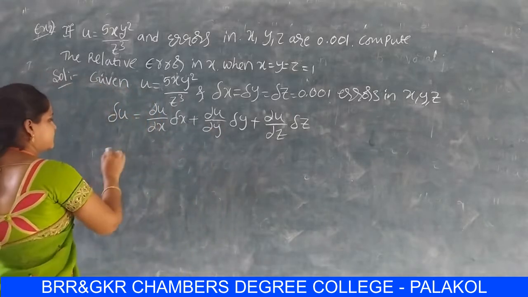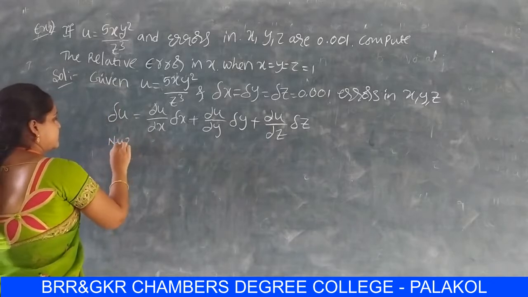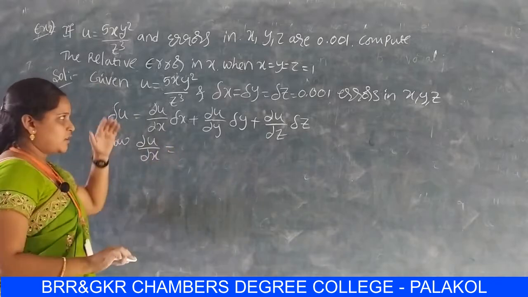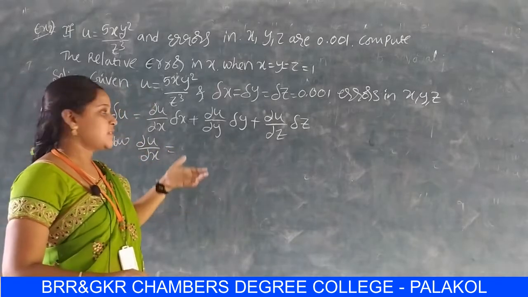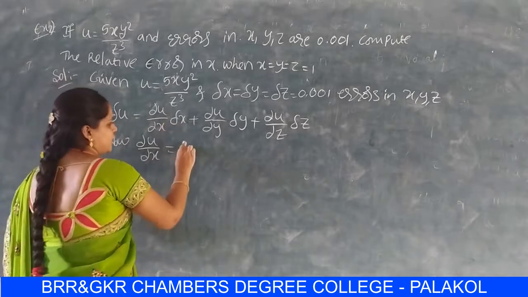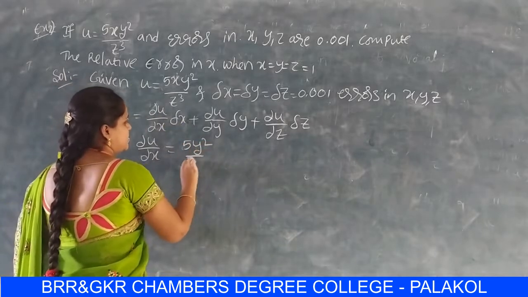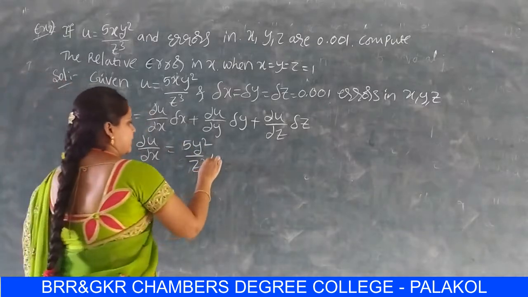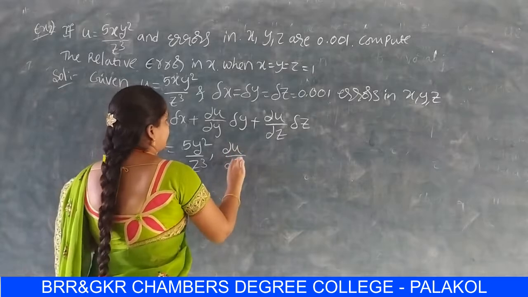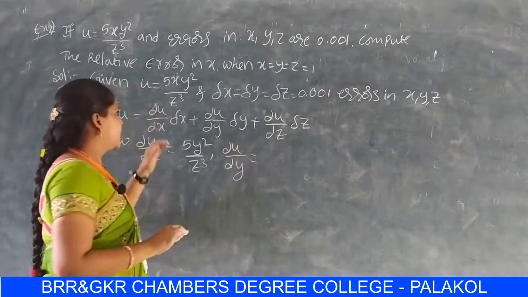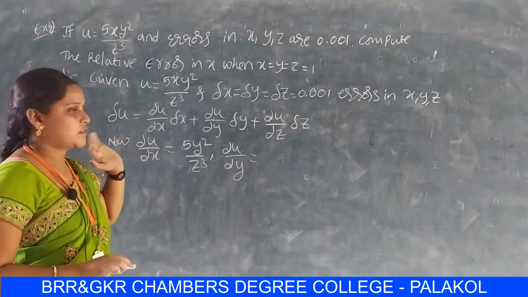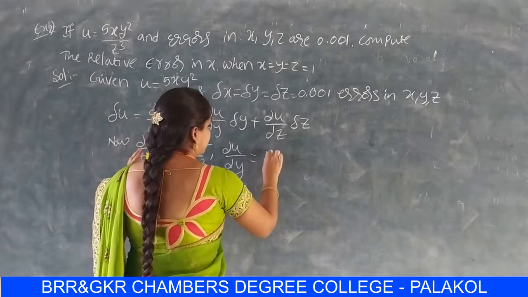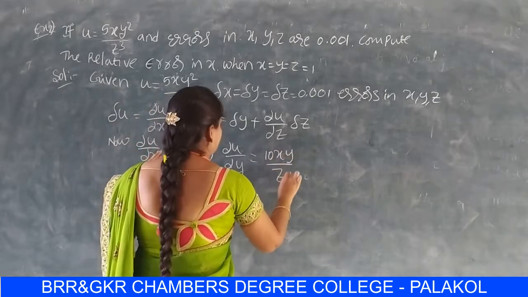Now dou u by dou x: differentiation with respect to x in u gives 5y square by z cube, which is constant, and the x derivative is 1. And dou u by dou y is 5x by z cube, which is constant, and the y square derivative is 2y. 2y into 5x is nothing but 10xy by z cube.